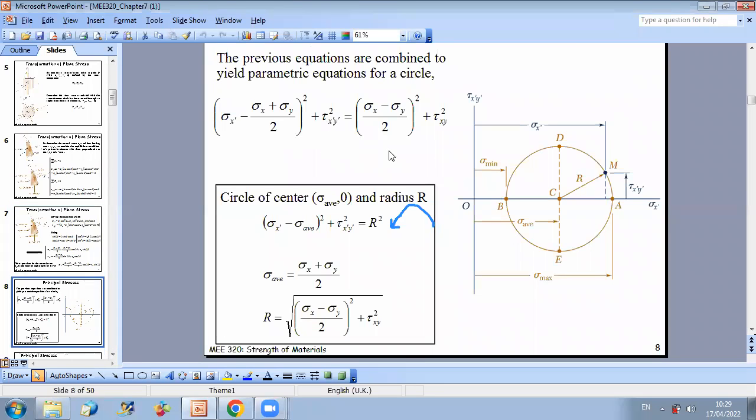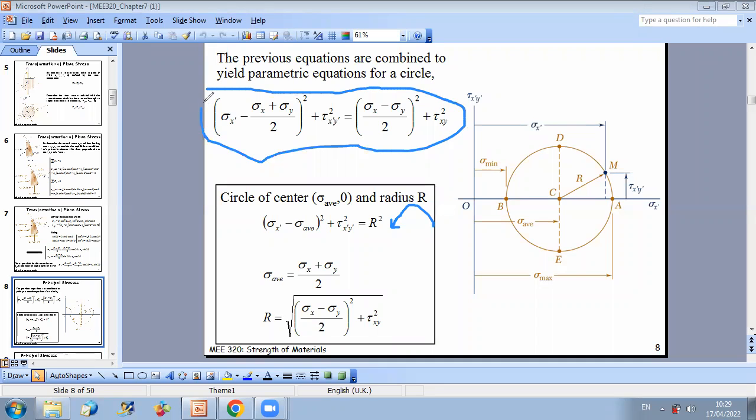When you square both terms and you do some simplifications, using cosine square plus sine square equal to 1, you will end up with the following relation. Sigma x prime minus sigma x plus sigma y over 2 square plus tau x prime y prime square equals sigma x minus sigma y over 2 square plus tau xy square.